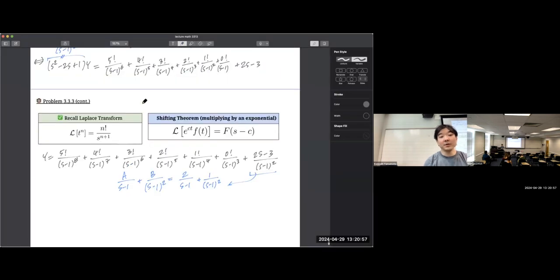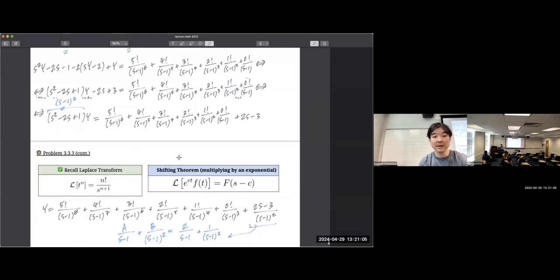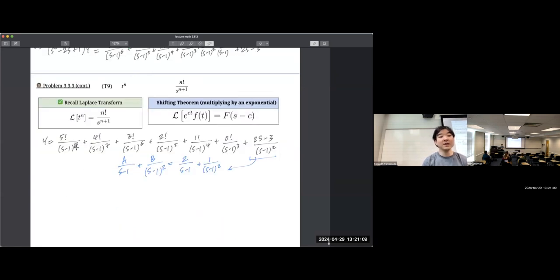But what I'm going to use is this. Most of those earlier terms, you can just use this result. So I'll just say we have this, T of n is equal to this. This first one, 5 factorial over S minus 1 to the 8th power, if I were to invert this, looks like this, but with n equal to what?